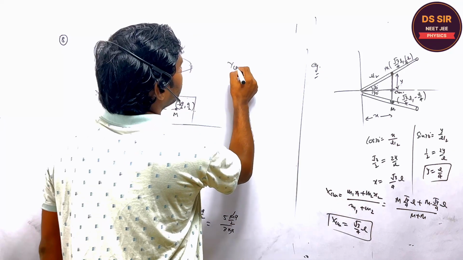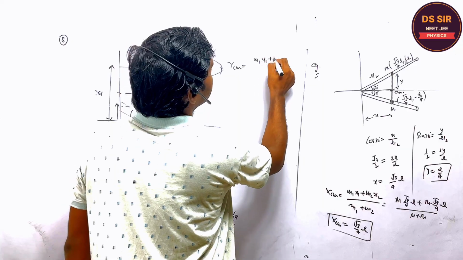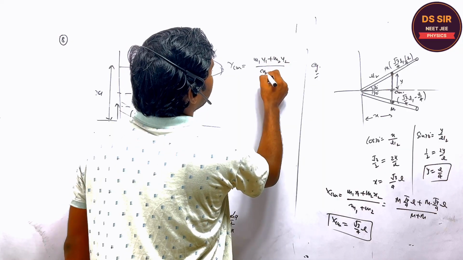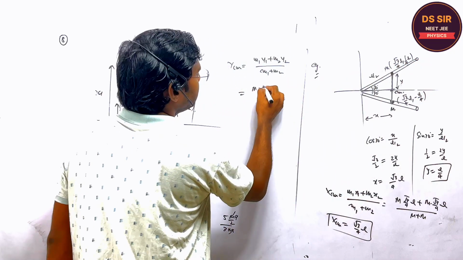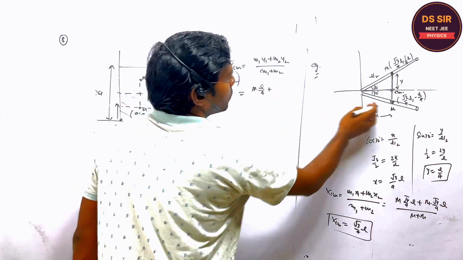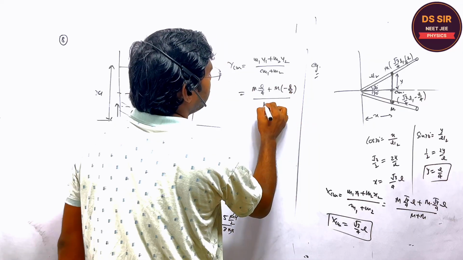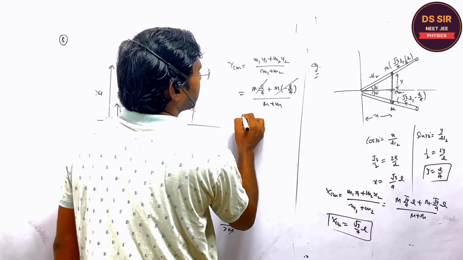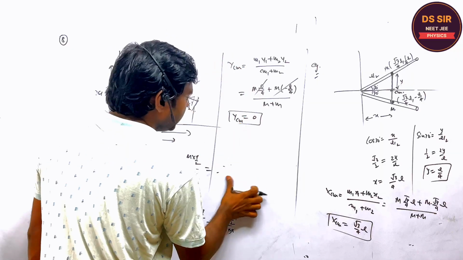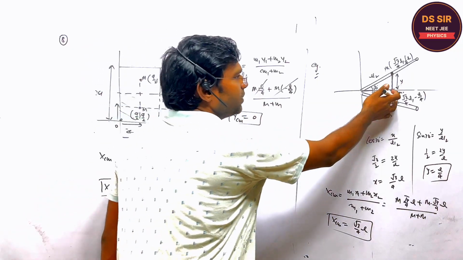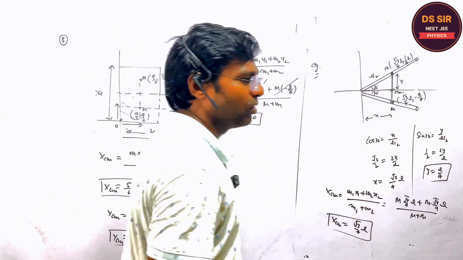If you try to find the YCM using the same formula, m1 y1 plus m2 y2 divided by m1 plus m2, so m into y, where y is L by 4, plus m into minus L by 4, divided by m plus m, it will cancel. So the YCM must be 0, right? It is mathematically coming, but without calculation we must know that the YCM will be 0. Is it clear or not?